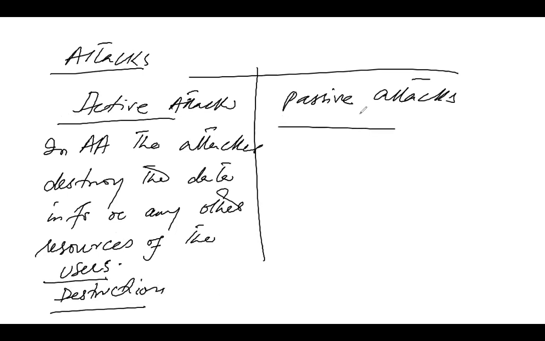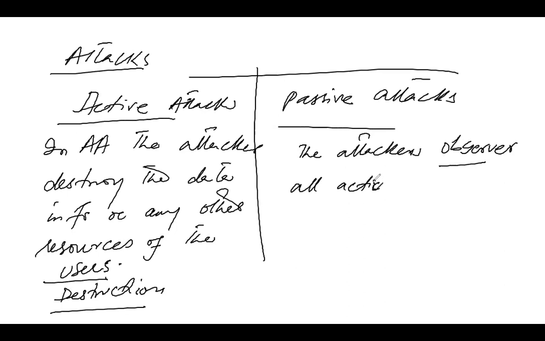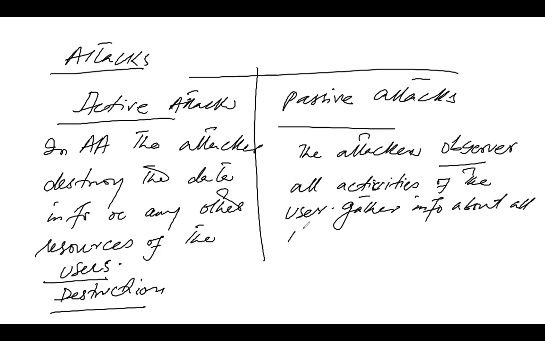while in passive type of attack, the attackers observe. The attacker's role is as an observer, and it observes all activities of the user and collects, or you can say gathers, information about all those activities.